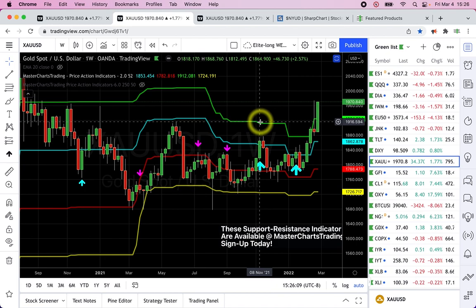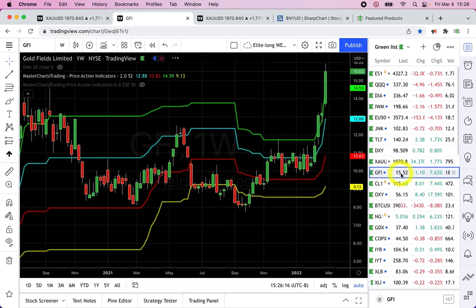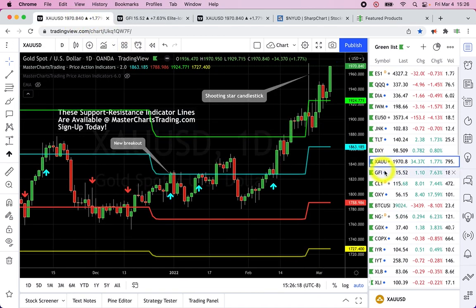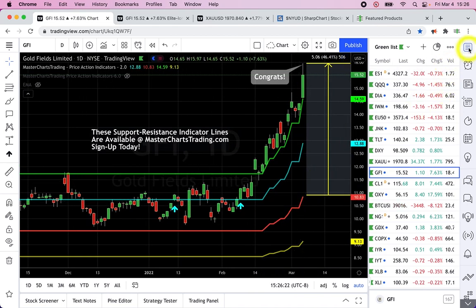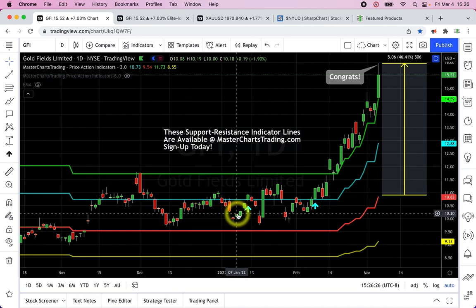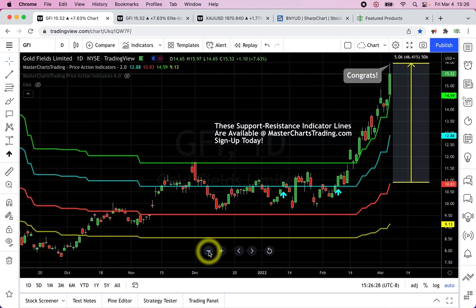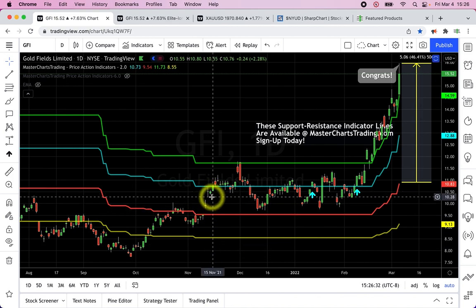Anyways, back to the technical analysis, and I wanted to show you one trade that we actually did. This is Gold Fields, GFI. This is obviously a gold miner. I was already interested in gold miners and Gold Fields in particular. Look at this. This is a breakout right there, 15th of November.